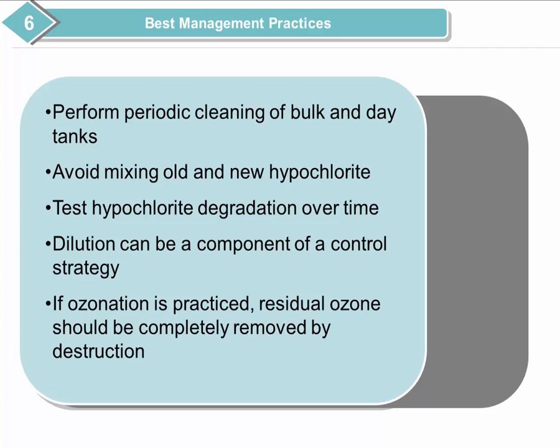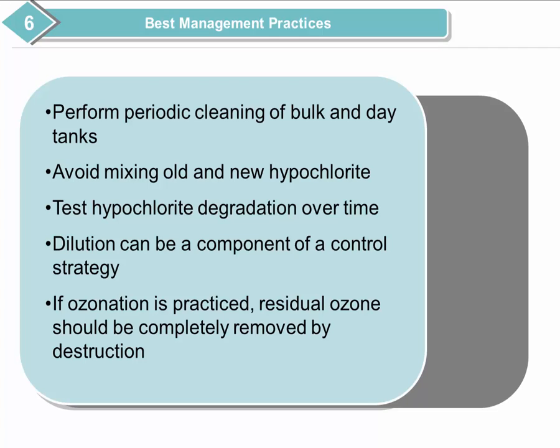Test hypochlorite degradation over time. A lack of monitoring of the free available chlorine FAC concentration in the stock of hypochlorite over time can lead some utilities to be unaware of hypochlorite deterioration and increasing concentrations of chlorate in the stored supply.